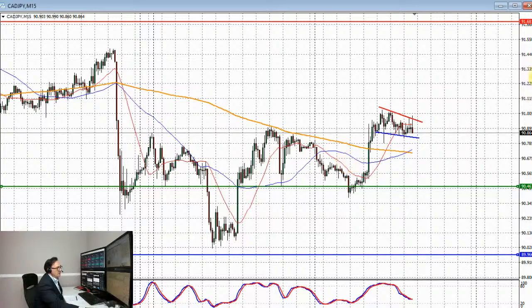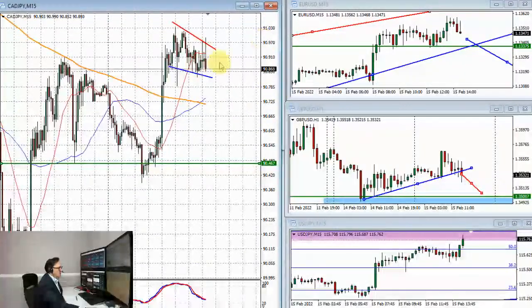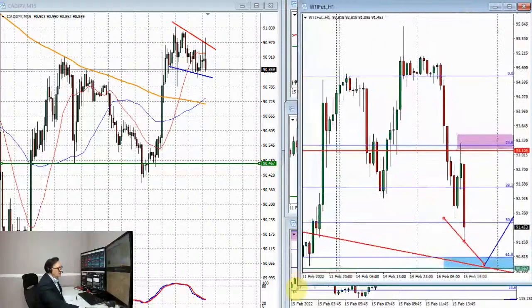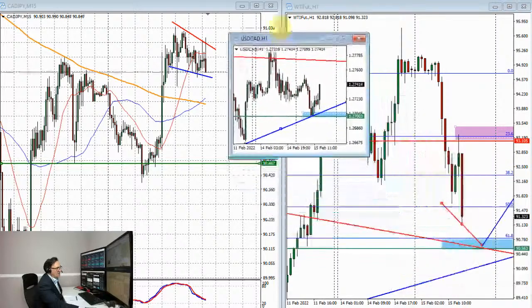But if you go and check this out, let me just show you where we are at the moment. And there is your crude oil. So crude oil is retracing towards that 90.50 area, and you're seeing a little bit of a pullback here as well. And then this is your dollar CAD.